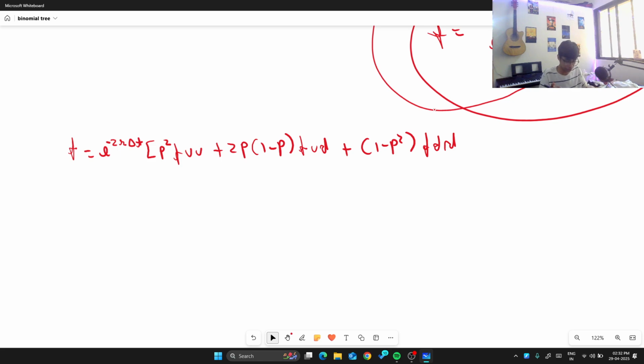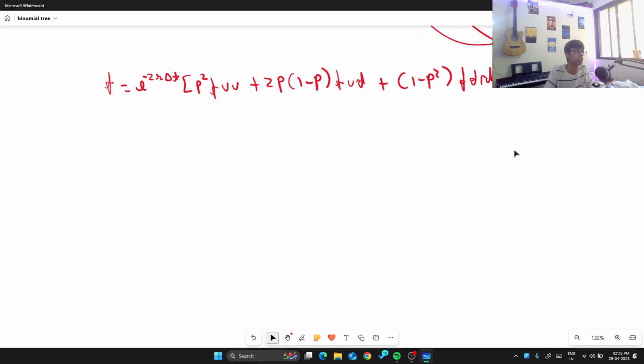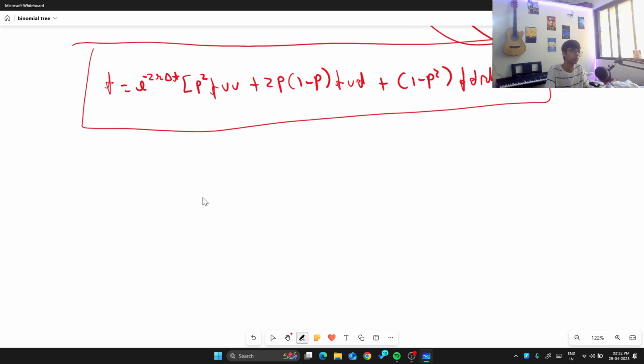So let's take a put example. Okay, now we take a put example, and that's the two-step formula. For our put, we have a strike price K of 52.